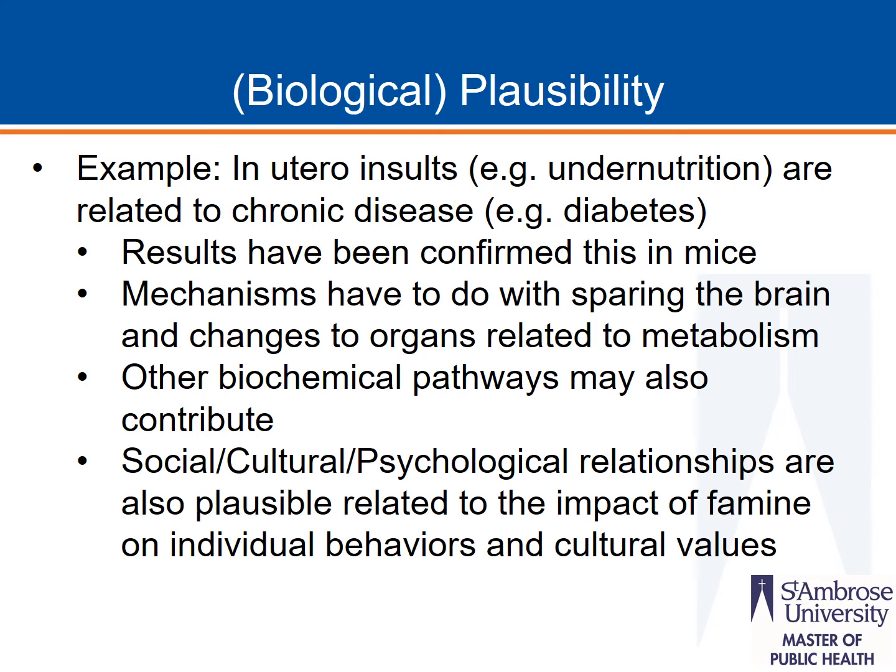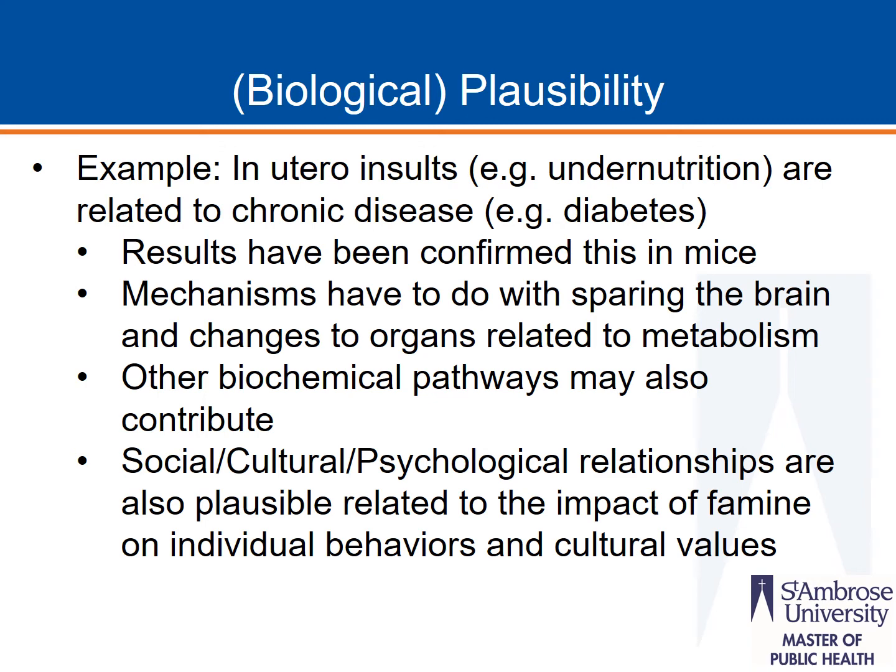It could be infection, other things that cause stress during pregnancy to the fetus. So in utero exposures are related to chronic disease outcomes. So examples were based on the hunger winter in the Netherlands, where famine during pregnancy, especially during the first trimester, was related to later diabetes risk in those infants.